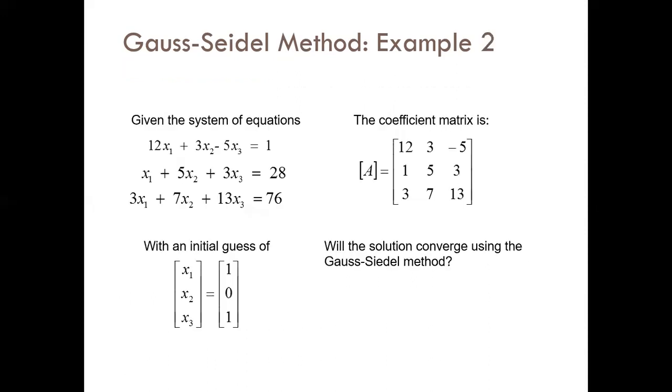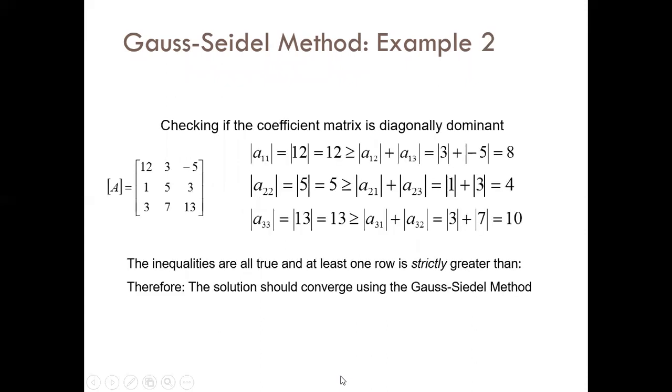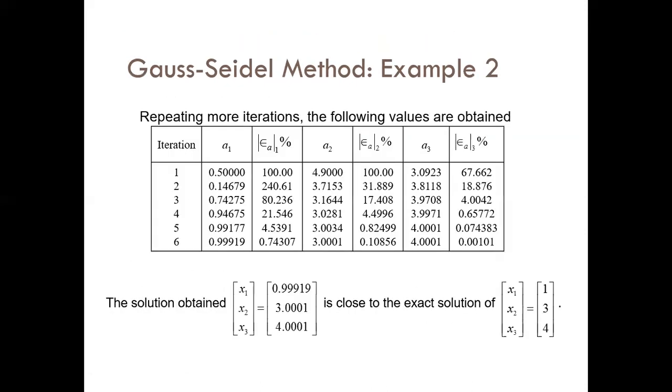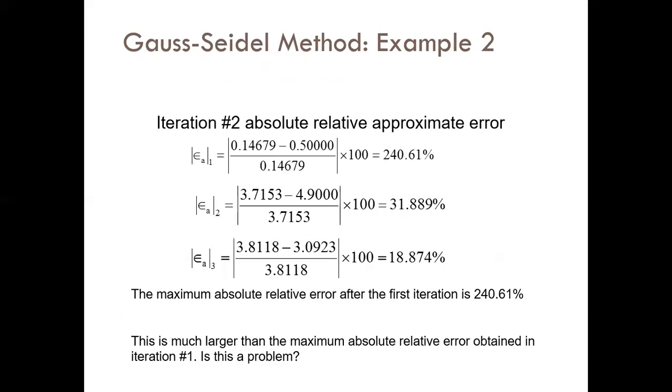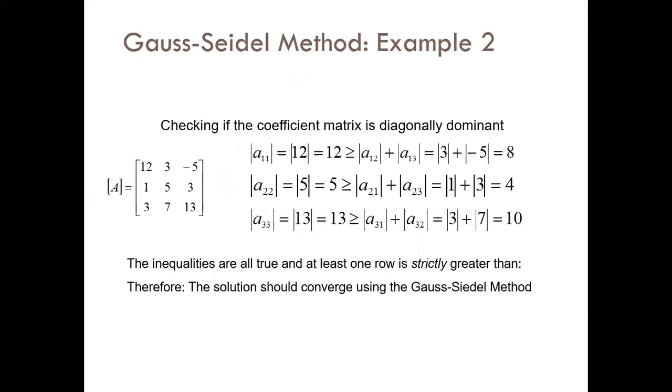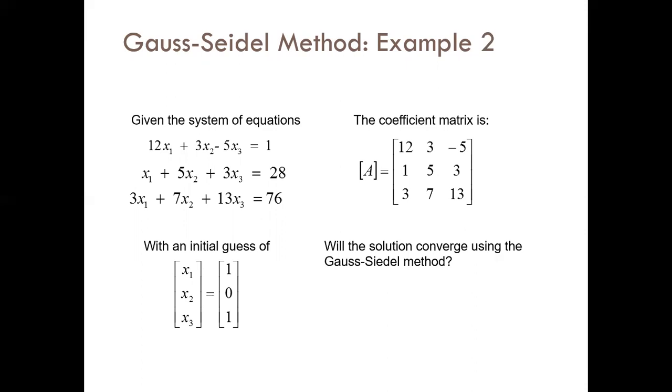So in the next problem, the second problem is: given the system of equations, 12x1 minus 3x2 minus 5x3 is equal to 1, x1 plus 5x2 plus 3x3 is equal to 28, 3x1 plus 7x2 plus 13x3 is equal to 76.